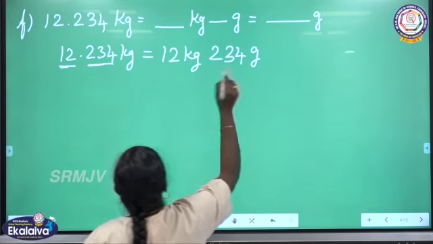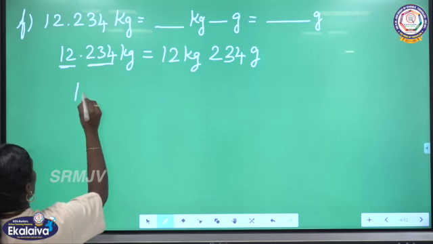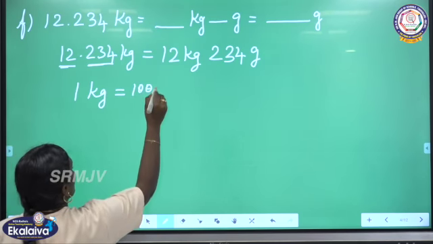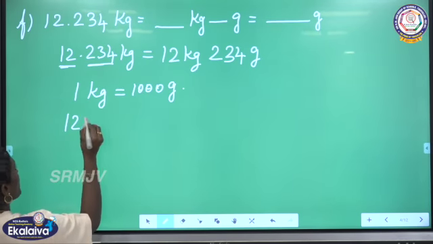So that is 12 kilogram and 234 gram. Now we are going to convert it into gram. We know that 1 kilogram is equal to 1000 gram, greater unit to smaller unit. So we have to use multiplication.